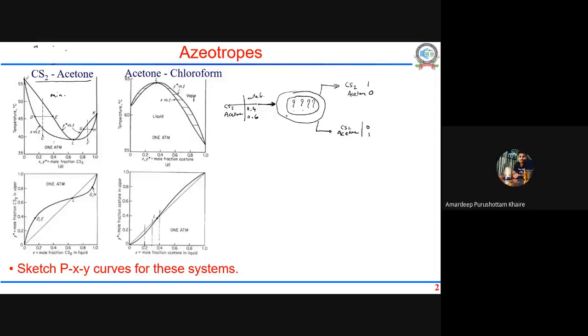Remove the azeotrope. And what will you do with the azeotrope? If I remove the azeotrope, I will only get either pure CS2 or pure acetone, isn't it?